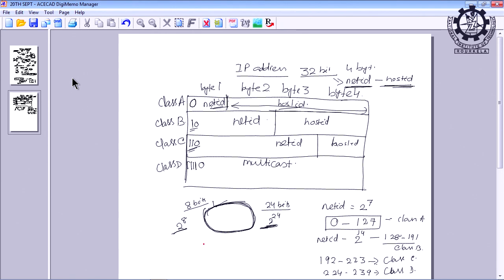You have 4 bytes, and the first byte starts with a number which signifies the kind of class it belongs to, class A, B or C. You understand that this packet belongs to this class, or this addressing is for this class network, and from there you distinguish the net ID, distinguish the host ID, and accordingly the network designer designs the network.